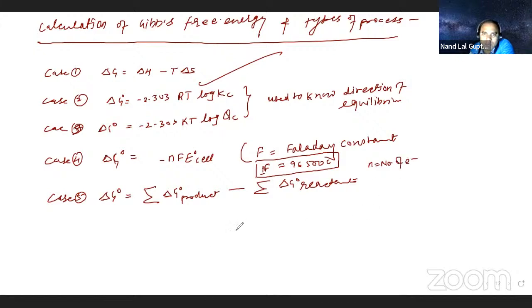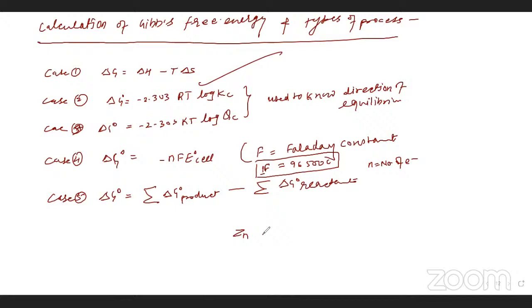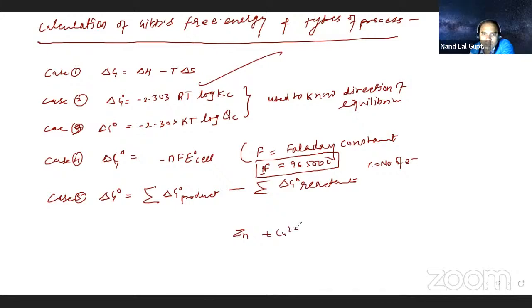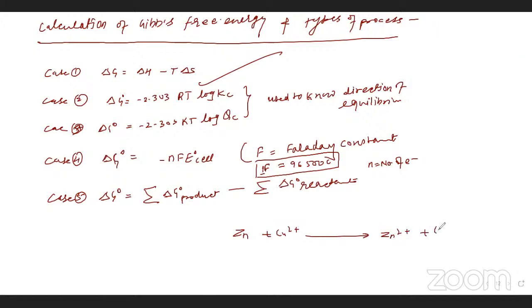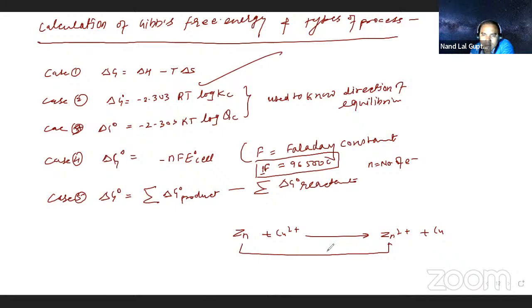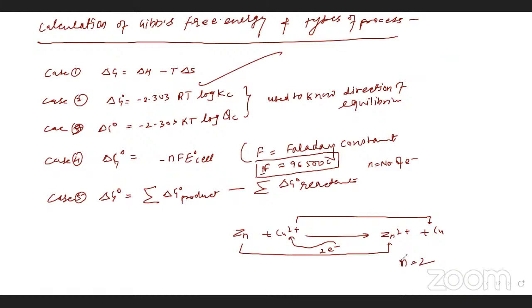Like if you talk about Zn plus Cu2+, it gives Zn2+ plus Cu. Zn is oxidized here, giving 2 electrons, and these electrons are used to reduce Cu here. So the n value is how much? 2. Yes or no? Yes.